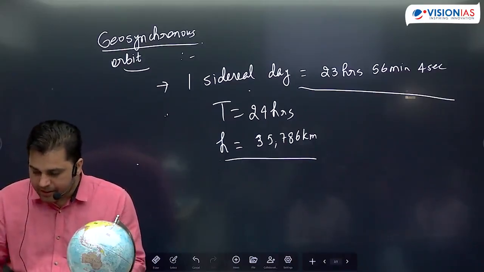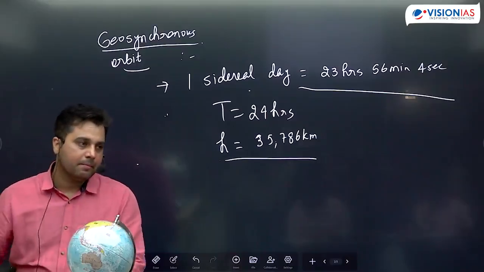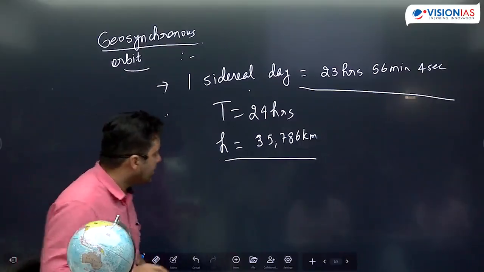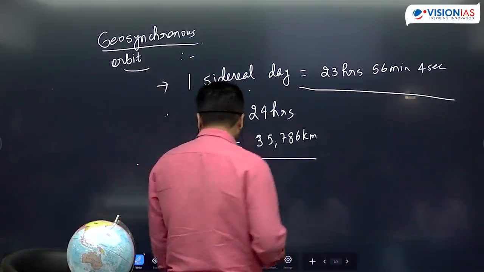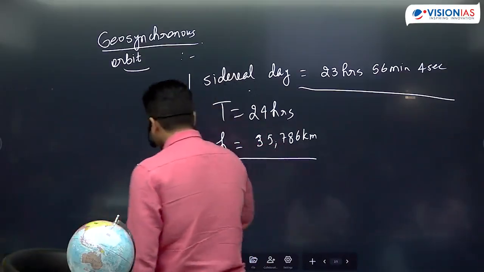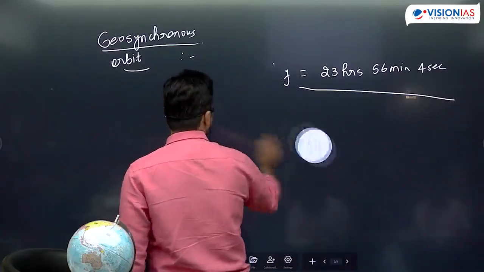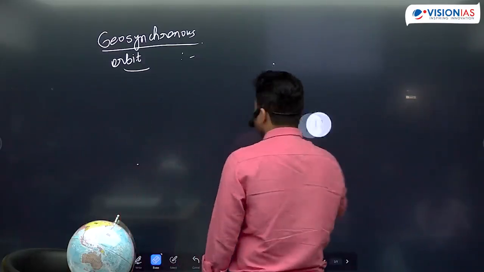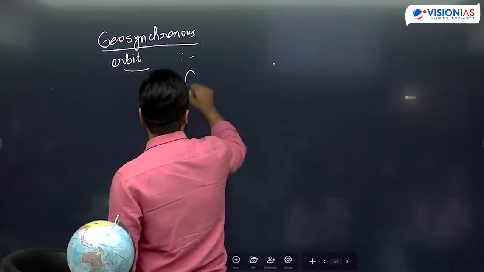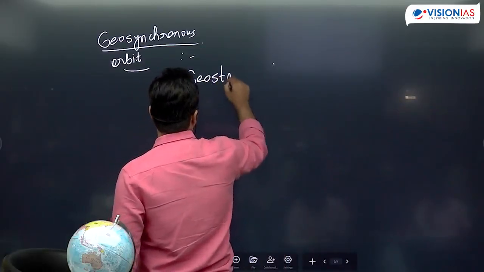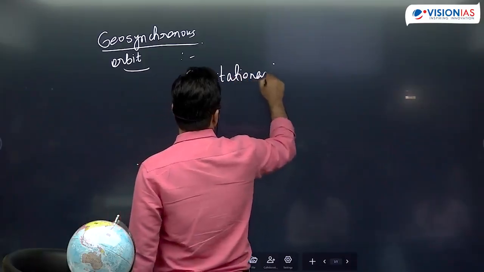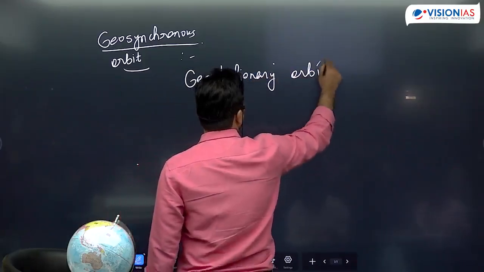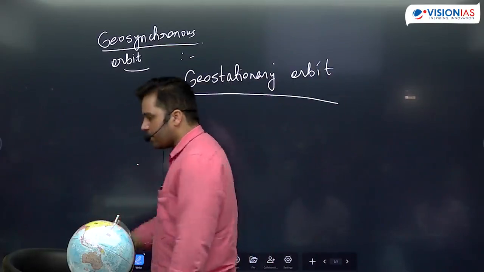A very special case of geosynchronous is geostationary orbit, which is a circular equatorial orbit.